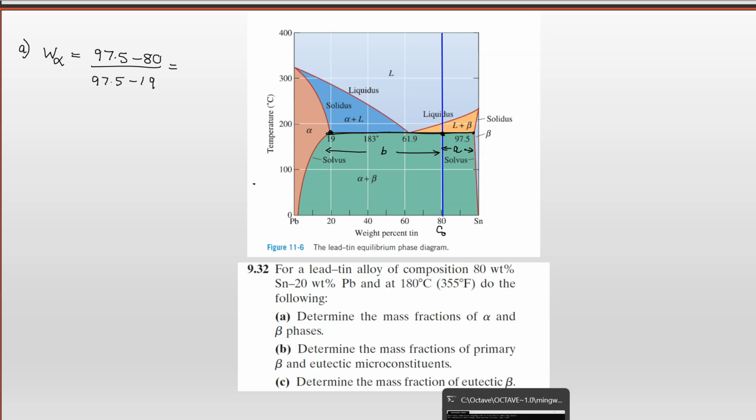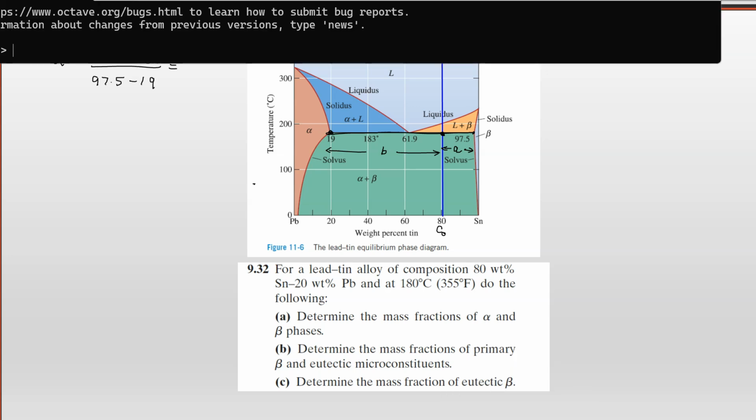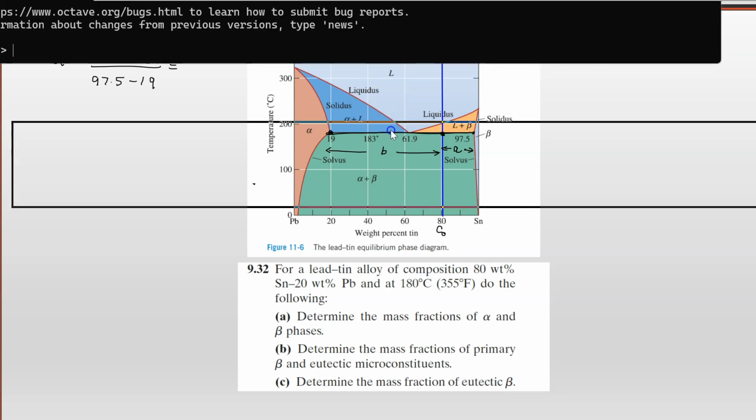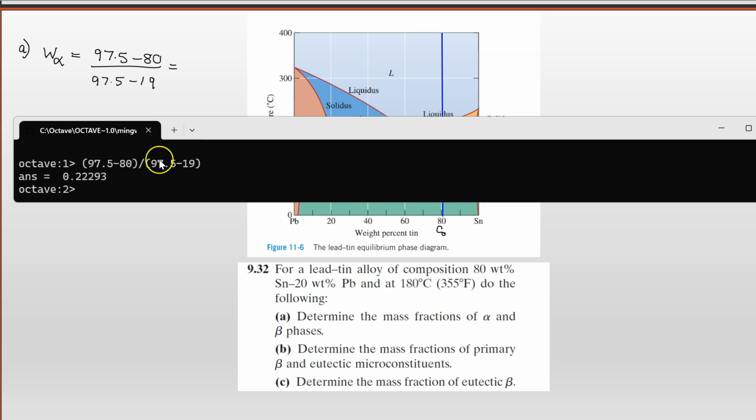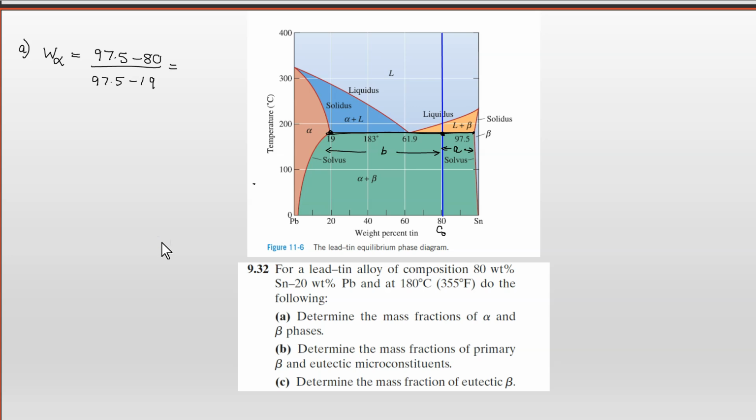Let's see what that gives us. 97.5 minus 80, divided by 97.5 minus 19, and that equals 22%.